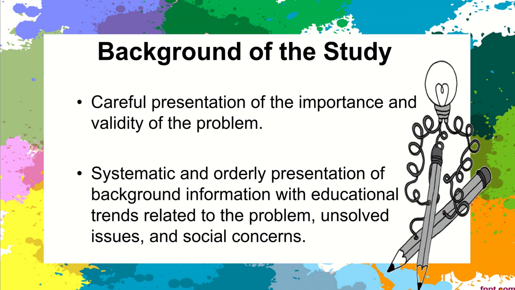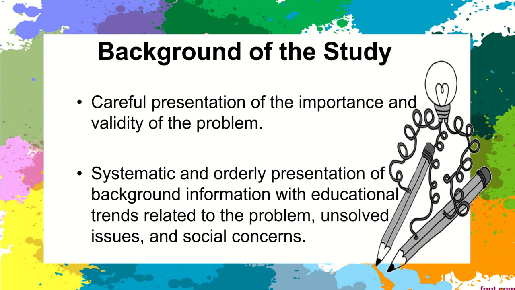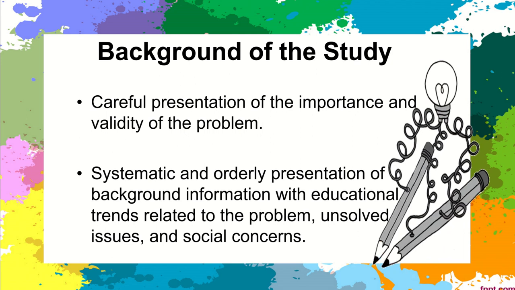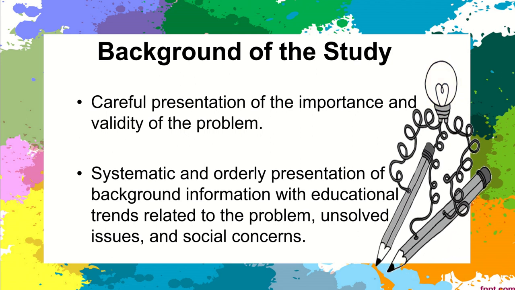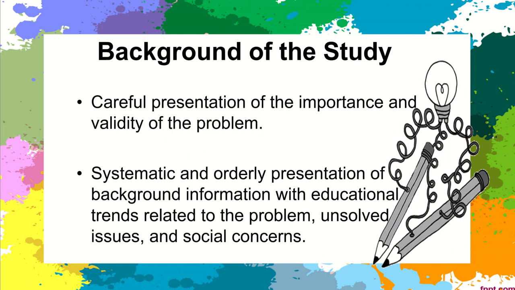TIOC, so T means trends. So you have to show, one sentence, you have to show what are the trends na related sa variables na pinag-aaralan mo. Okay? Then, after T, you have I. So, TIOC kasi T is for the trends, I is for the issues.